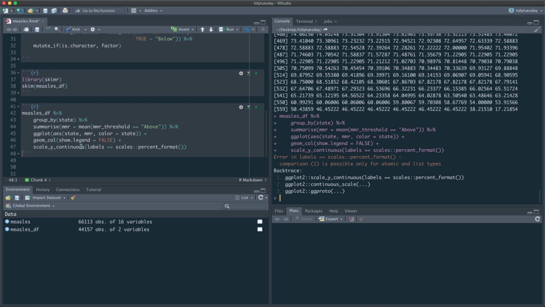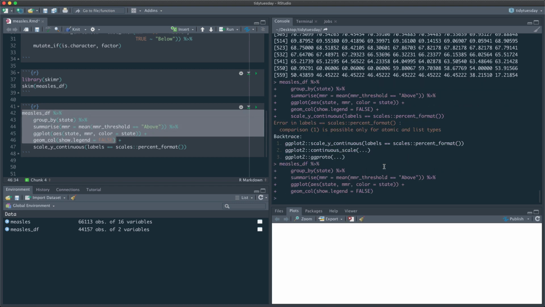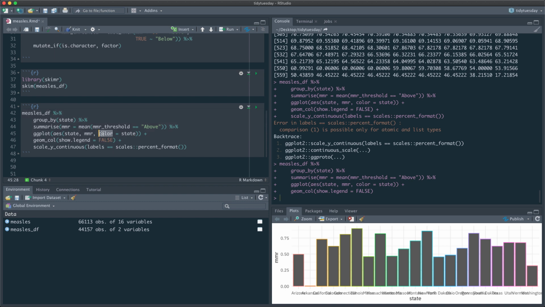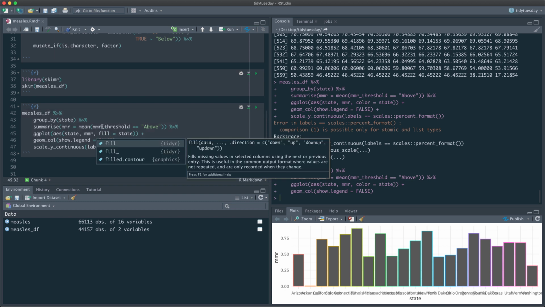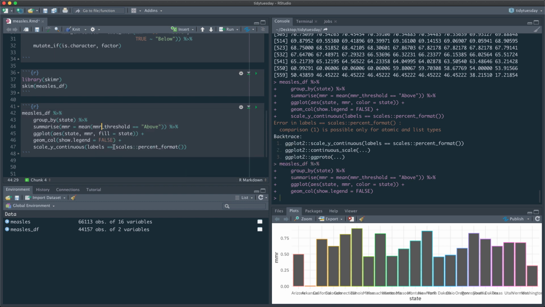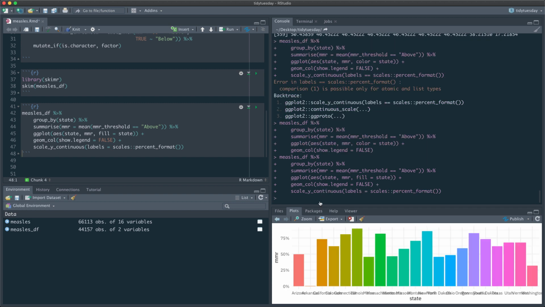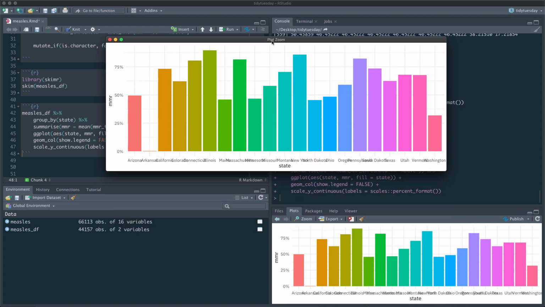Did I do it wrong? What did I do wrong here? So if we do this, not color fill, scale Y, continuous, labeled, not a double plus, there we go. Okay, let's look at that. Okay, it's a good start.